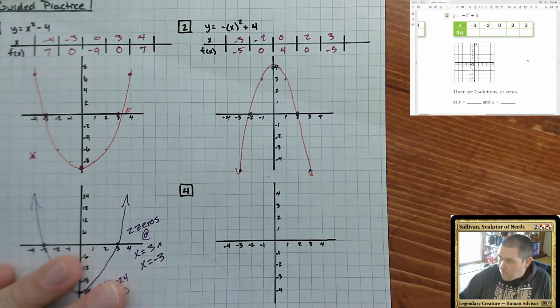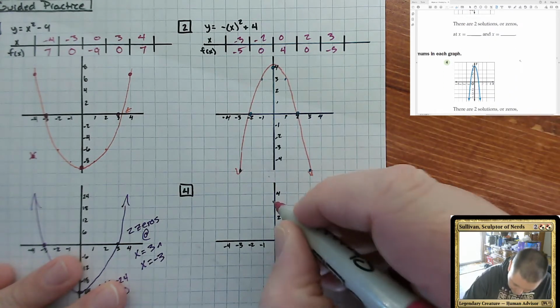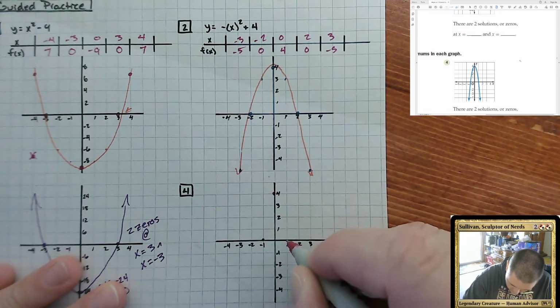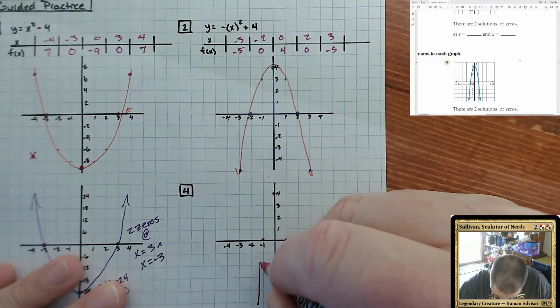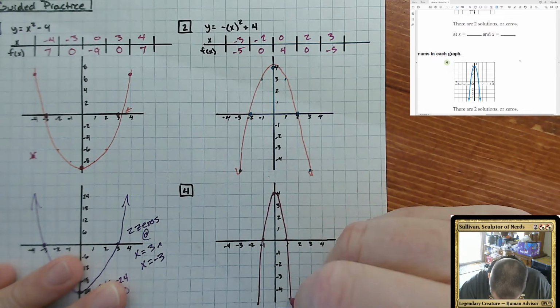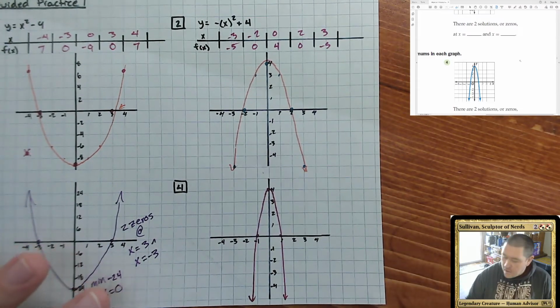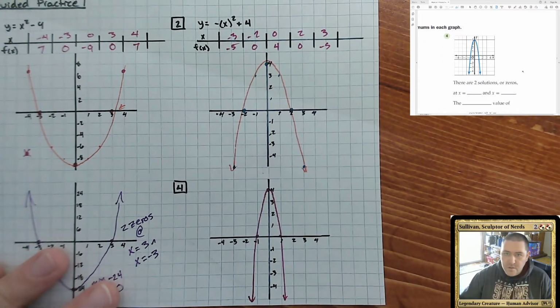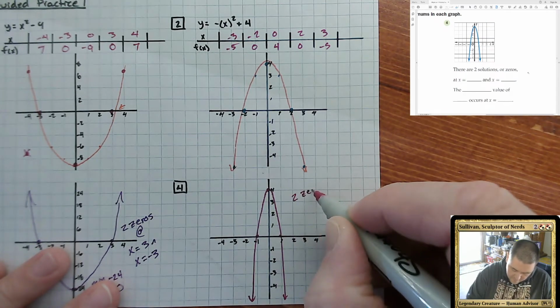On number 4, let's scroll down a little bit here. It's a skinny mini. You don't even see any other points. Just super tall and skinny like that. But I still have enough to tell you all of this stuff about it. There are 2 zeros.